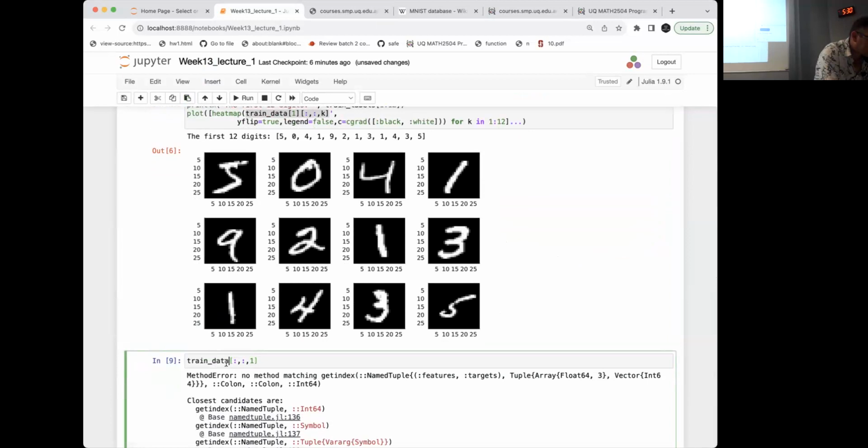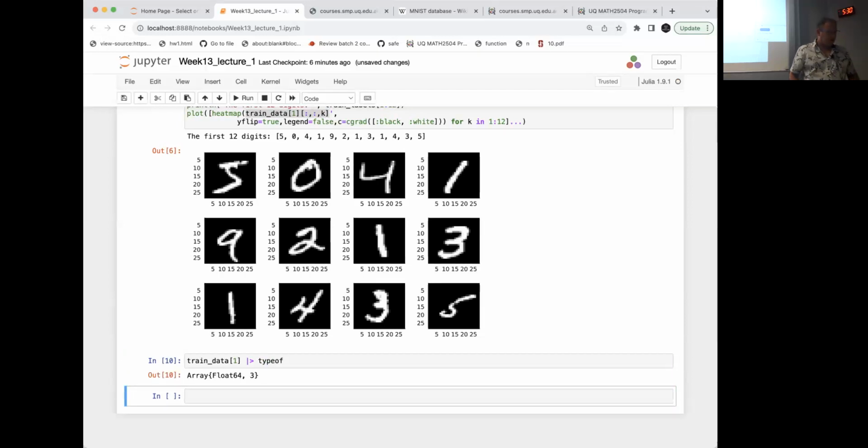Oh, sorry. Train data one. Sorry. Train data. Okay. This is just a Julia postfix operator, right? So train data is not one. Train data has two things. It's a tuple where you have your features and your labels and your targets, okay?